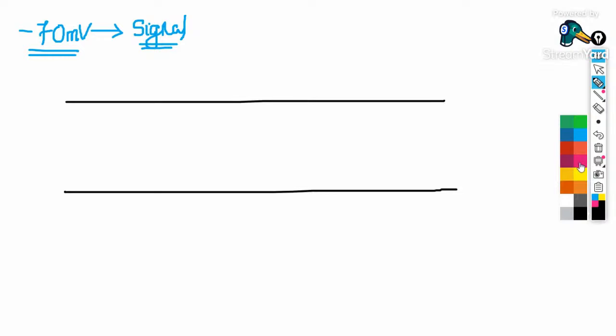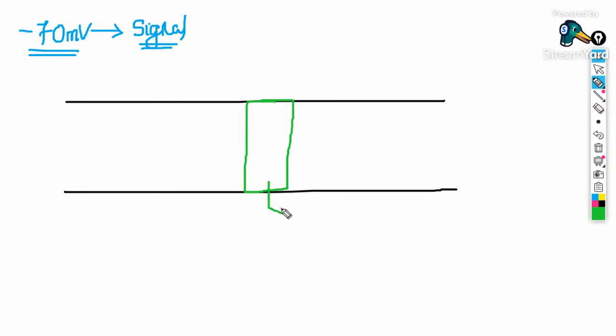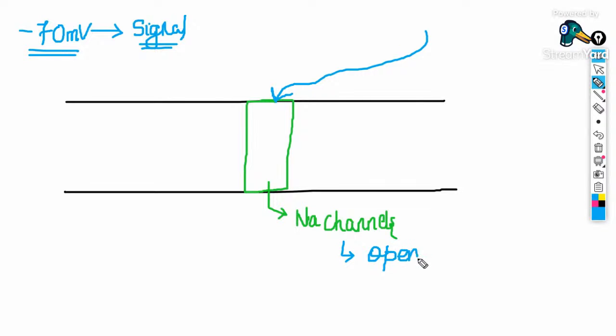At the time a signal is created, you will have another thing over here. The next channel is going to work. Which is the next channel that is going to work over here? It is the sodium channel. So as soon as the signal is generated, the sodium channels get opened.